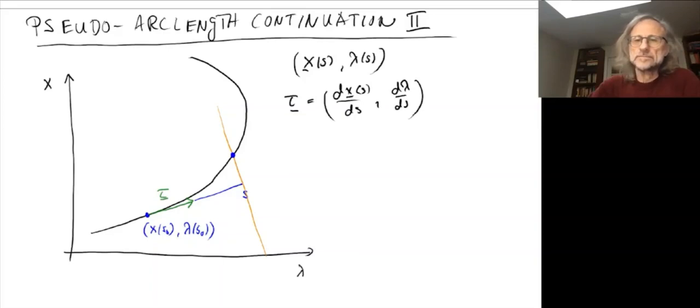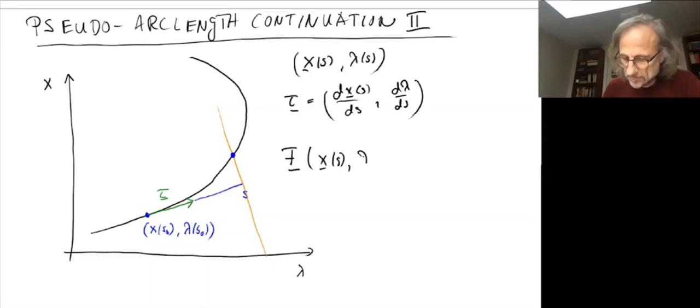So how is that defined? Well, we know that along that branch, you always have the function f of x of s and lambda of s is equal to 0. That defines that branch.